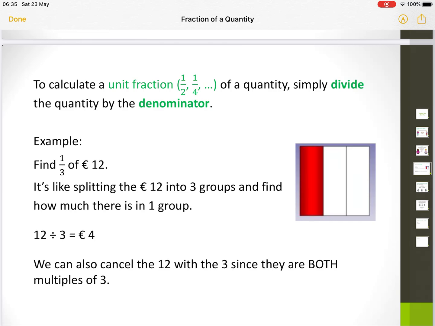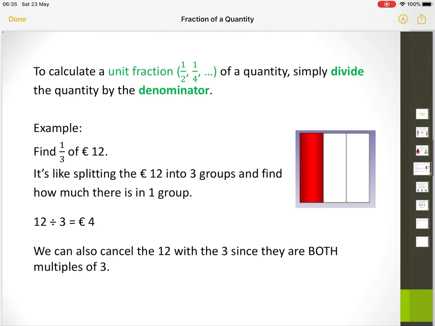I need to find 1/3 of 12. It's like splitting the 12 into 3 groups and finding how much there is in one group. If I look at the above note, to calculate a unit fraction, and 1/3 is a unit fraction, I simply divide the quantity by the denominator.